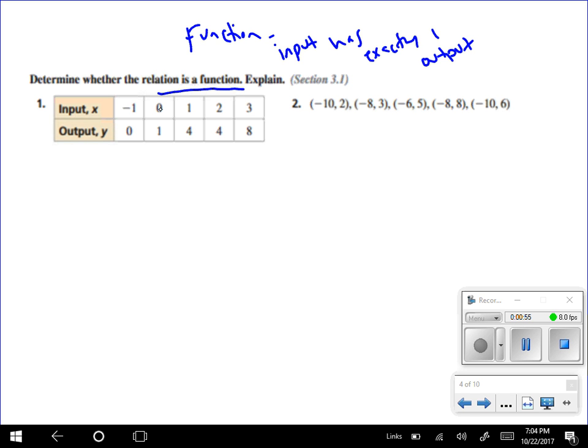So if I look at all my inputs here, I have 5 different inputs, and each of them has exactly one output. So this number one would in fact be a function because each input has its own output.